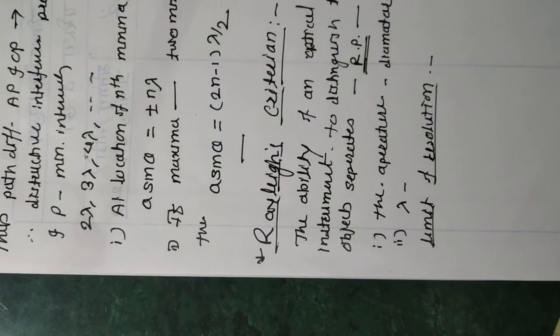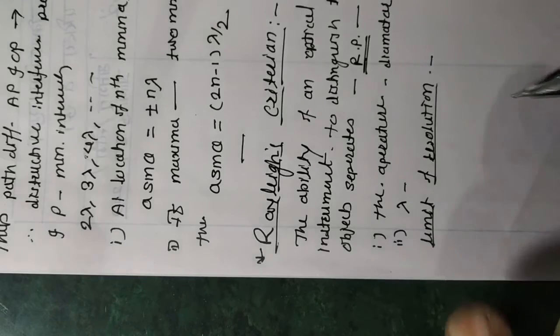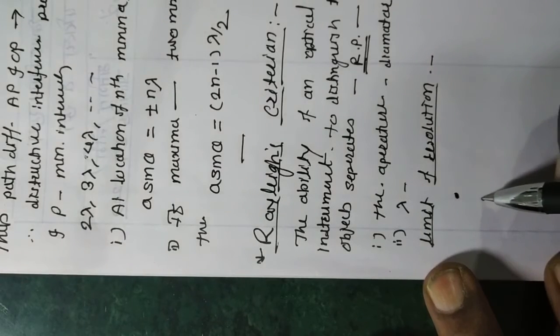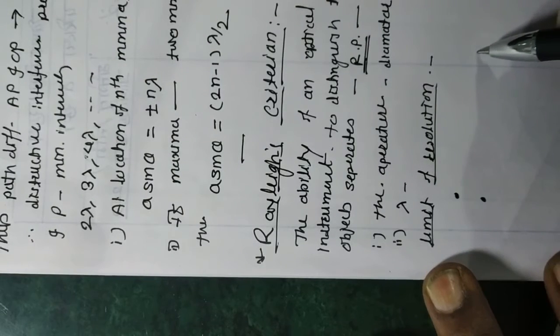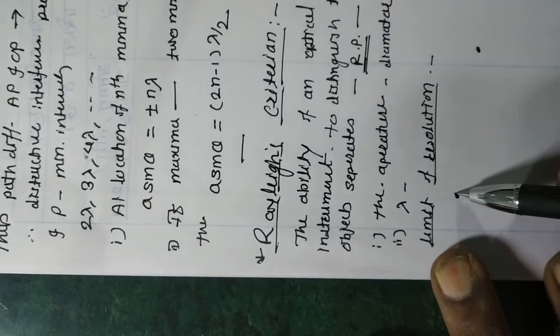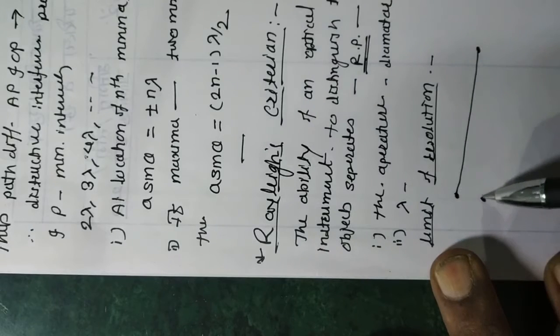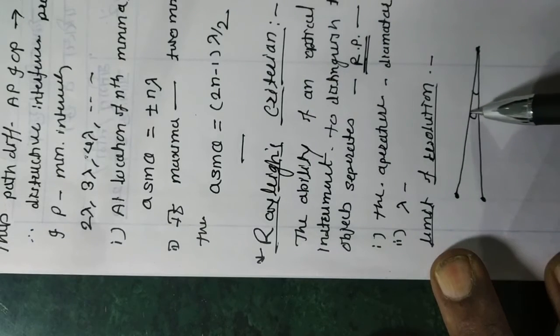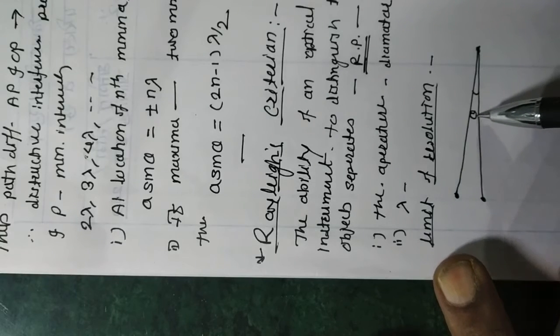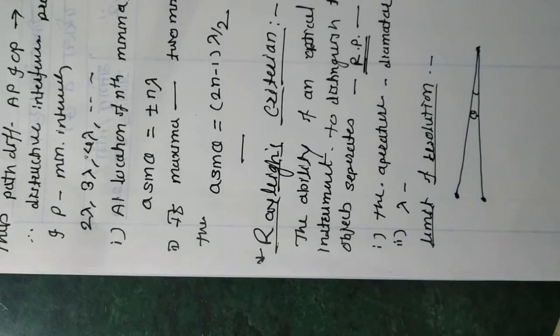The minimum visual angle. Suppose these are two objects and this one is the optical instrument. Suppose this angle is theta. The minimum visual angle, that is the angle subtended at the eye by two objects to be resolved, that can be resolved by the instrument, is called the limit of resolution of that instrument.